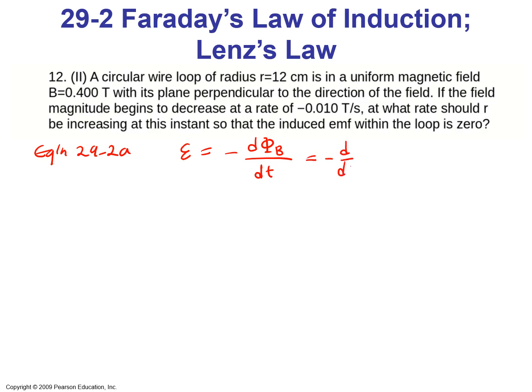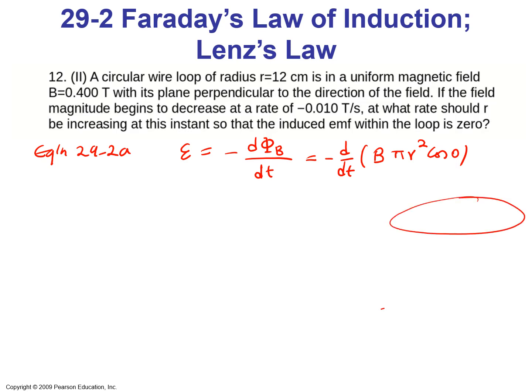For the magnetic flux, we have a magnetic field B perpendicular to the wire loop of radius r. So we have pi r squared, and it's perpendicular, so the cosine of 0 is 1.